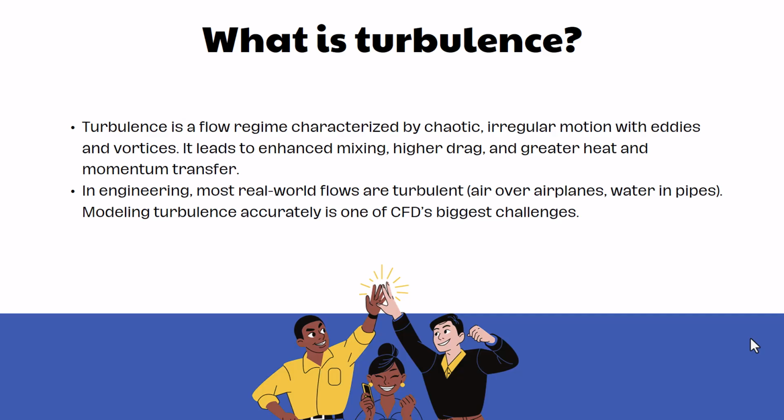In the real world, most flows are turbulent, for example air flow over an airplane or water flow in a pipe. Hence modeling turbulence is always a challenge in CFD.